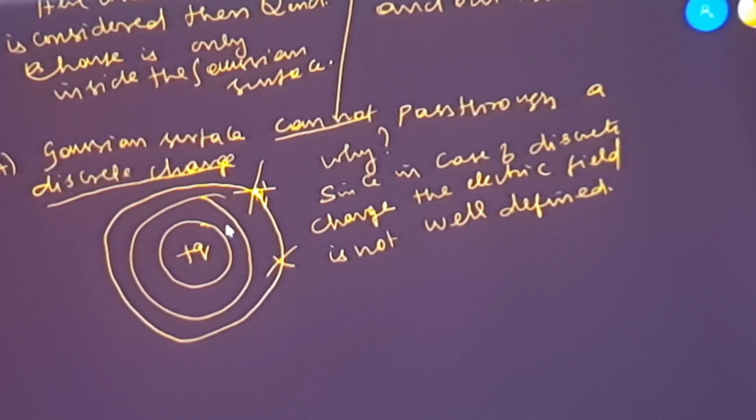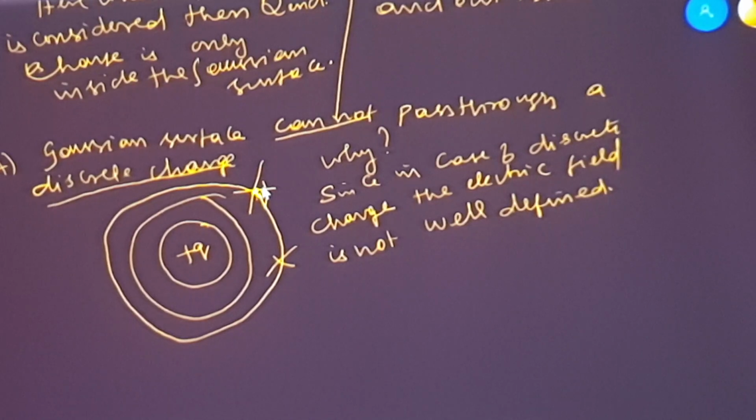Why do we say it is not well defined? Because it is very close to the discrete charge. That is the reason the Gaussian surface cannot pass through the discrete charge.